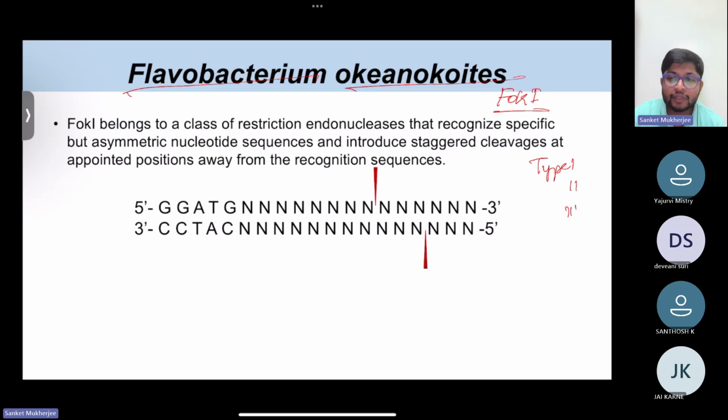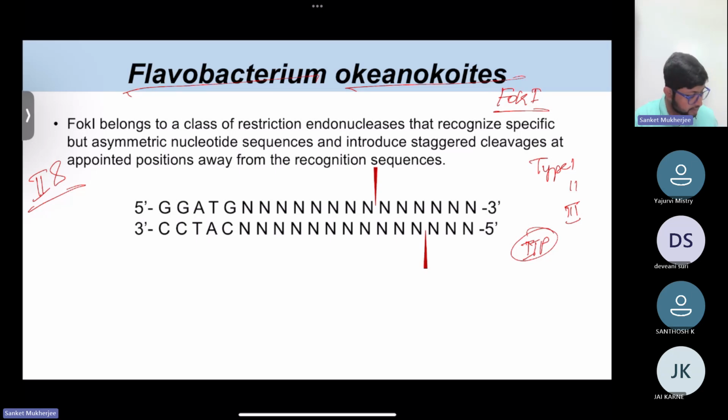We had already discussed that type 2P is the most common restriction enzyme used in molecular biology laboratories. But this particular restriction enzyme is of type 2S, where S stands for shifted. P stands for palindromic, S stands for shifted.